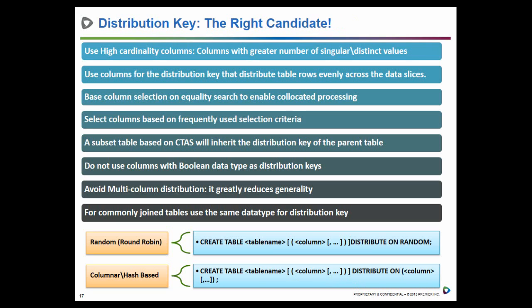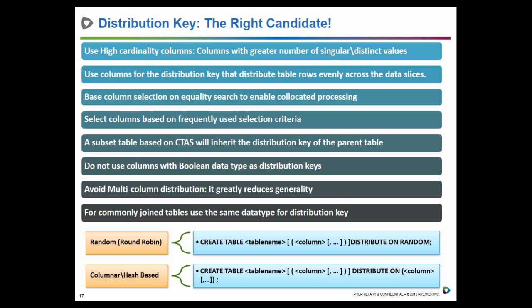There are some candidates for distribution keys. There is a way to distribute data correctly, or rightly, or efficiently, as opposed to not distributing it that way. So we recommend that you use a high cardinality column, like a surrogate key, right? We recommend that you use an integer data type column, right? We recommend that the columns you use for your distribution key will distribute the table rows evenly across all data slices, right?